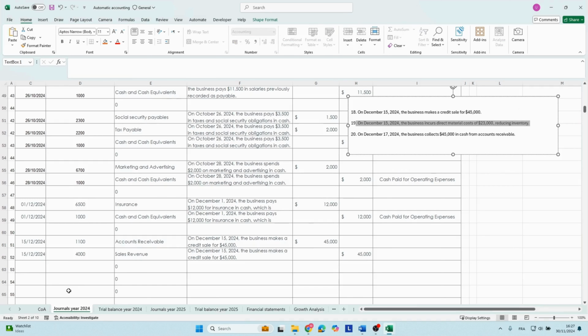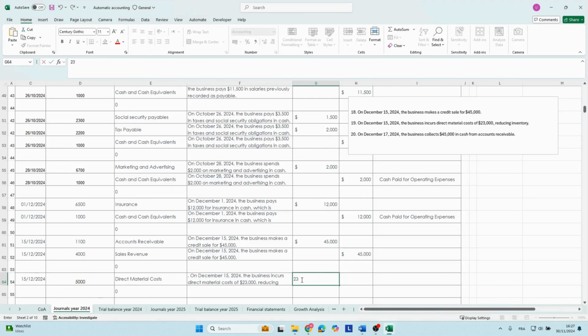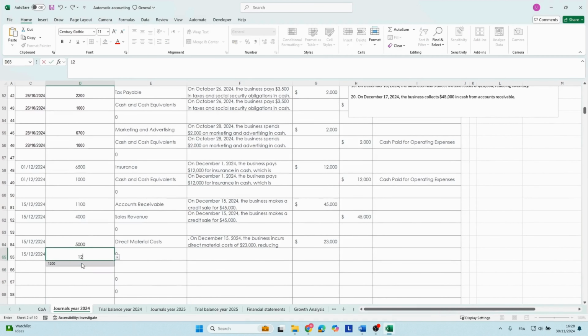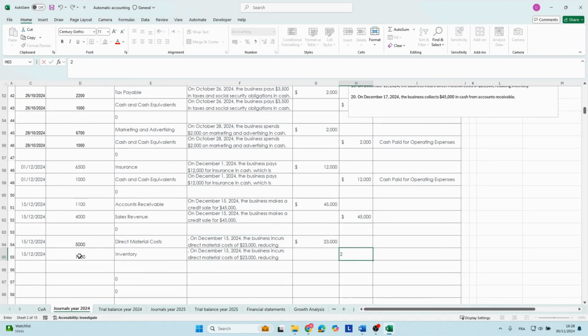The cost of goods sold is 23,000, which is related to the delivery of the inventory. So here is the account 5,000. Here is 23,000. That is reducing the inventory, which is 1,200. Then here we have the same description, and we have the same amount on credit for 23,000.